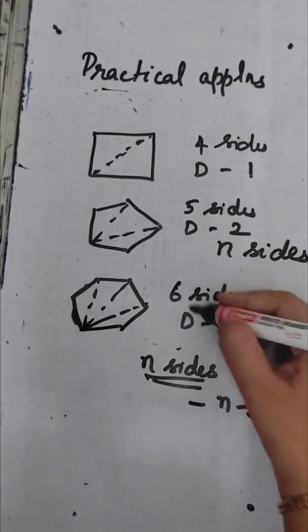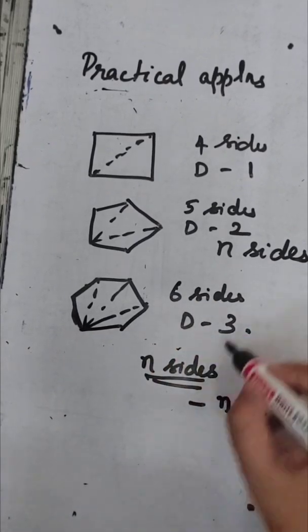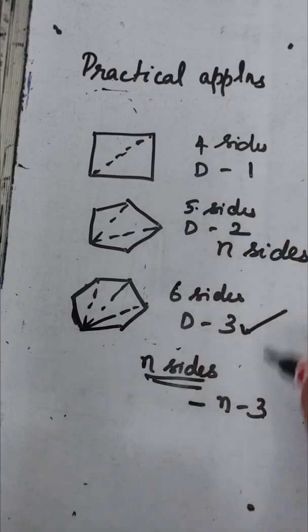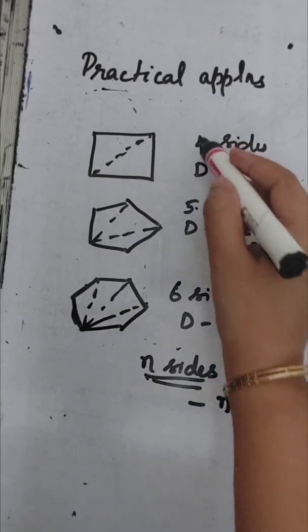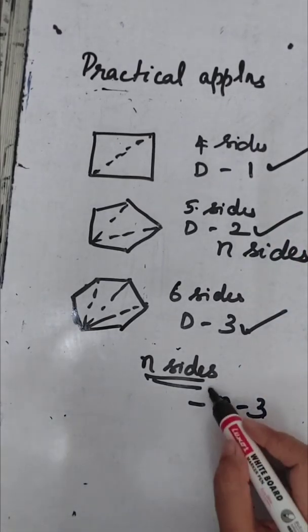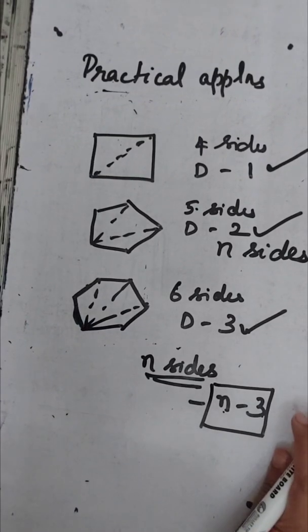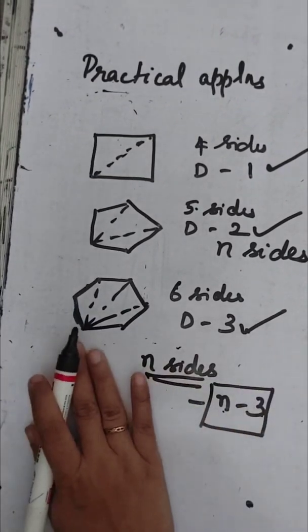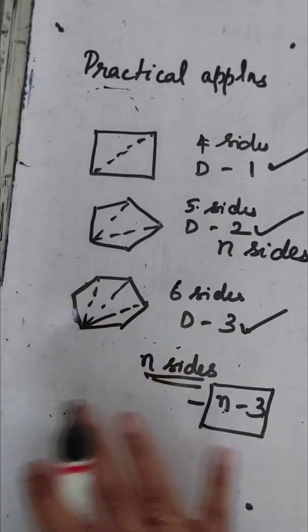So if you substitute here, you can see that for 6 sides means 6 minus 3 is 3. For 5 sides means 5 minus 3 is 2. And for 4 sides means 4 minus 3 is 1. Okay, so n minus 3 is also an algebraic expression which is used to find the number of diagonals which can be drawn inside a figure with n sides.